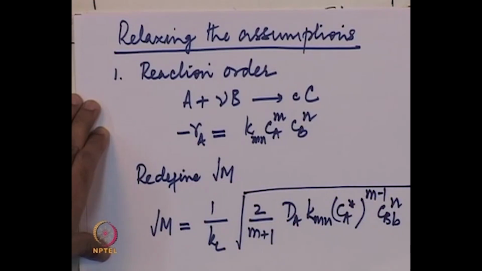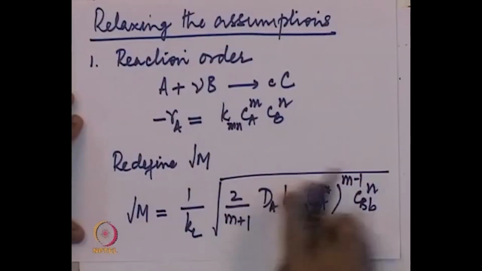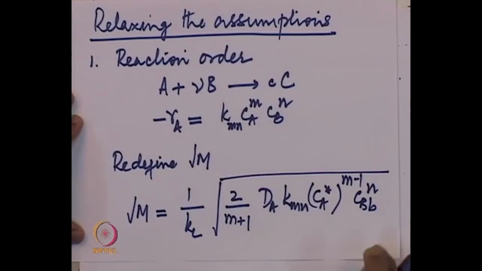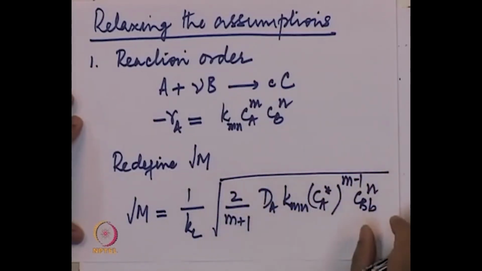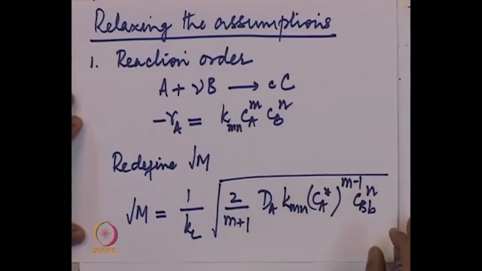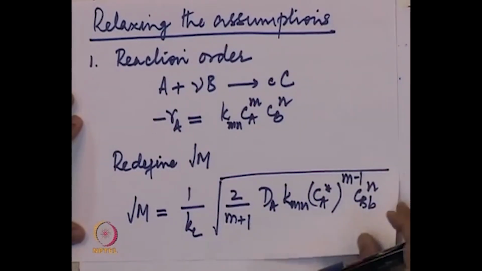So, provided you calculate your root M in that manner, this root M can be plugged into all expressions of the enhancement factor that we have derived, and you get reasonable results. This is a very good way of extending the theory to reactions of other than second order.